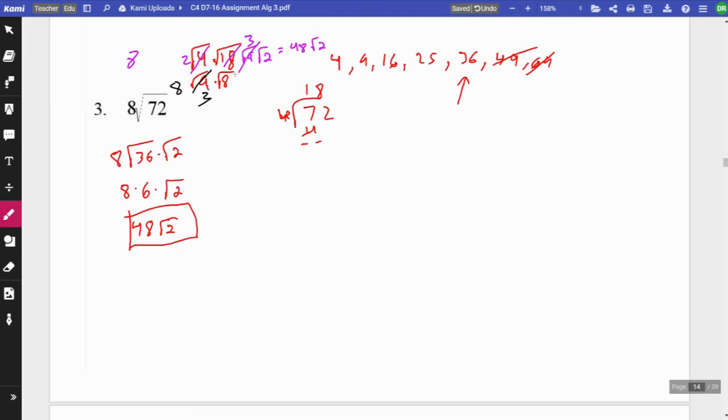It is really a 4 and a 2. So this is really like a square root of 4 and a square root of 2. And square root of 4 is 2. So we'd have 8 times 3 times 2 times square root of 2. And as we see, 8 times 3 is 24. 24 times 2 is 48. So we still end up with 48 square root of 2.